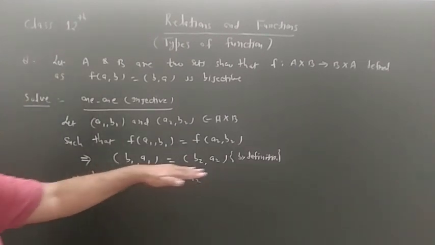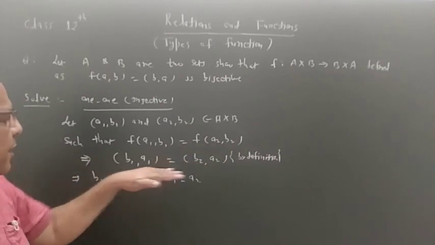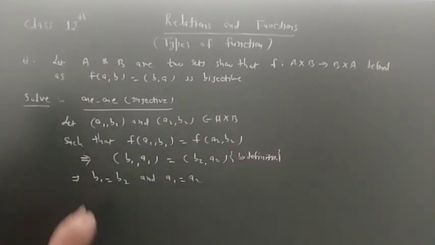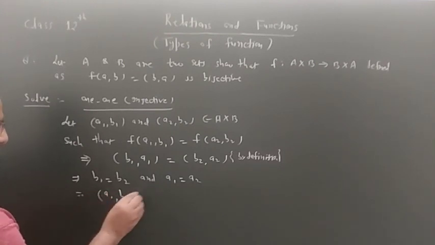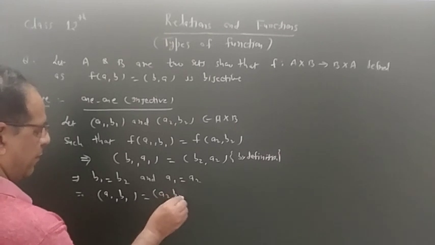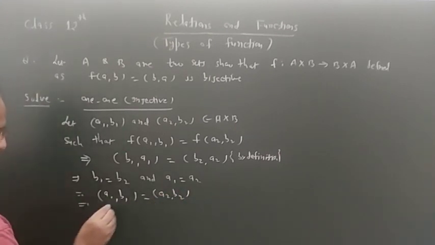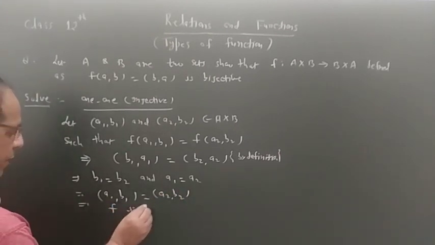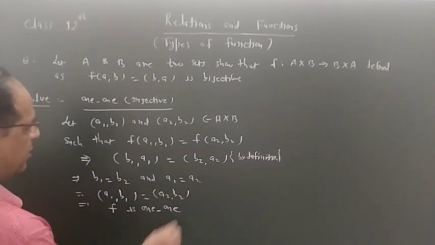Two ordered pairs are said to be equal if their corresponding elements are equal. This implies that (a1, b1) is equal to (a2, b2). So f is one-one. This is the first part of the question.